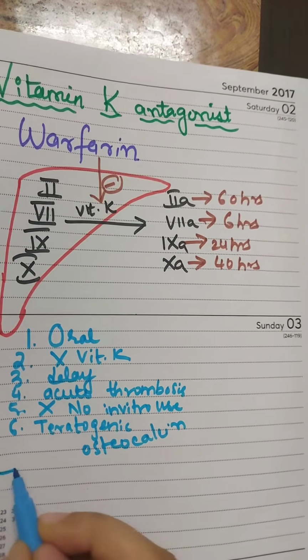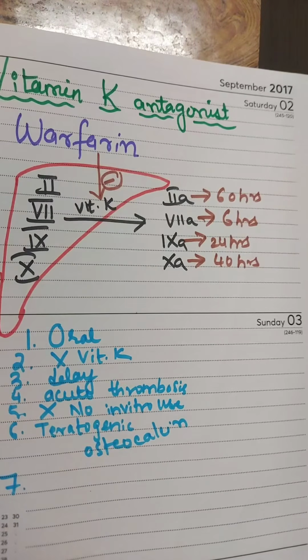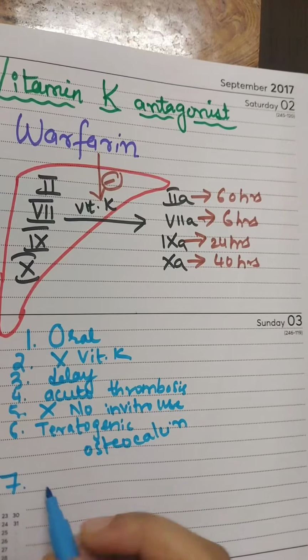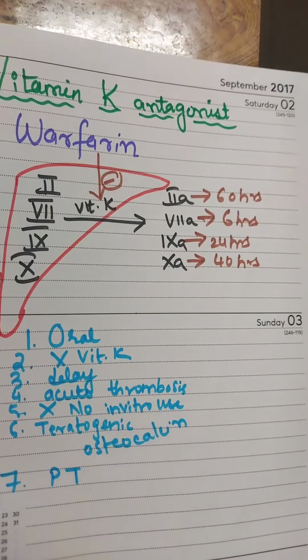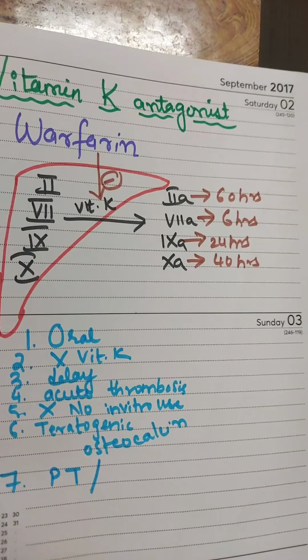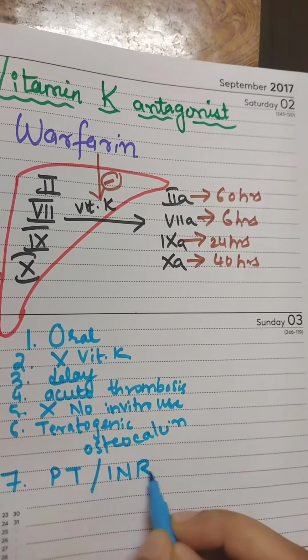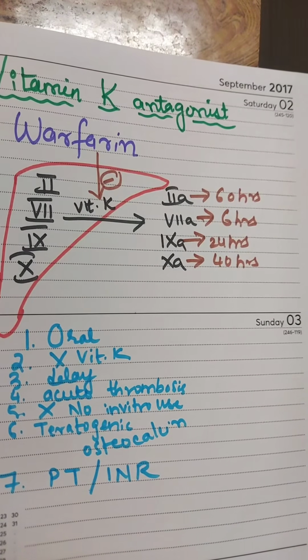The next and the most important thing regarding warfarin is, if we want to monitor the effect of warfarin, we can monitor it with the help of prothrombin time. And one more thing by which we can monitor the effect of warfarin is the international normalized ratio. First of all, we shall discuss the basics of these things.